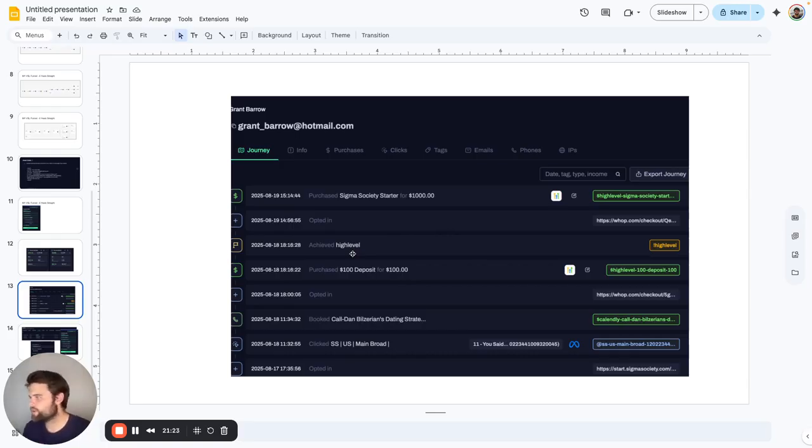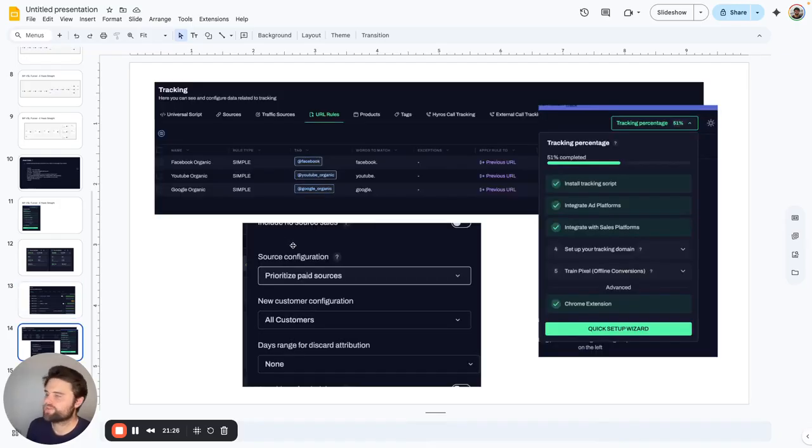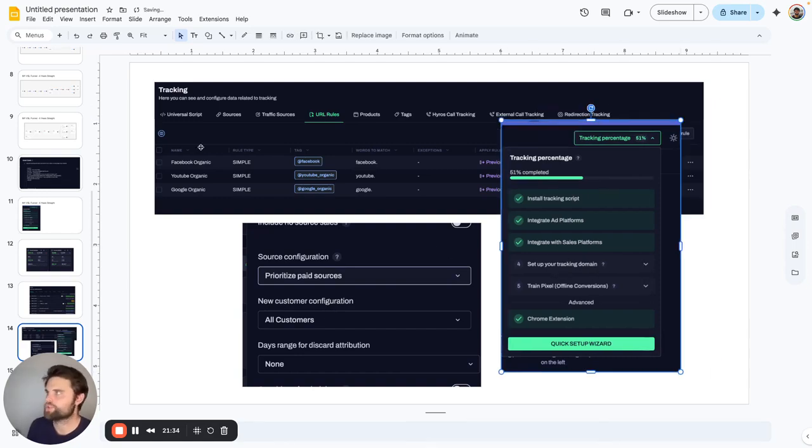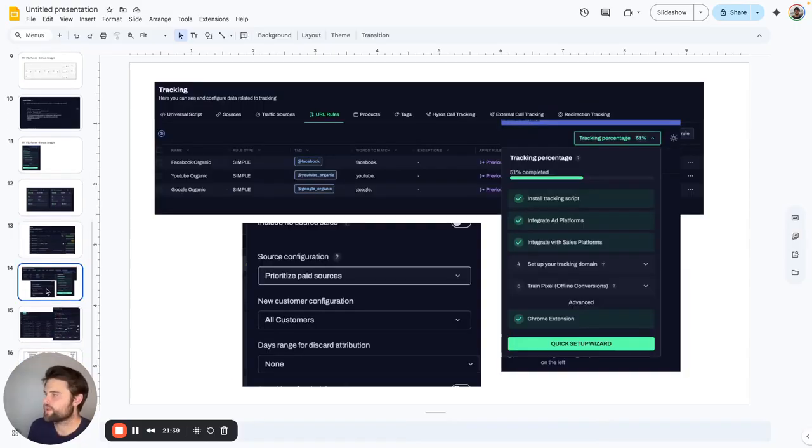If you're very diligent about setting up your reports, and you set up your widgets properly, and you're prioritizing paid sources, which is very important, we can talk about that in a little bit more detail. You have a high tracking percentage, and you're also looking at deals and leads that don't have an attribution source, and you're making sure that all of your tracking and your URL rules are set up in place.